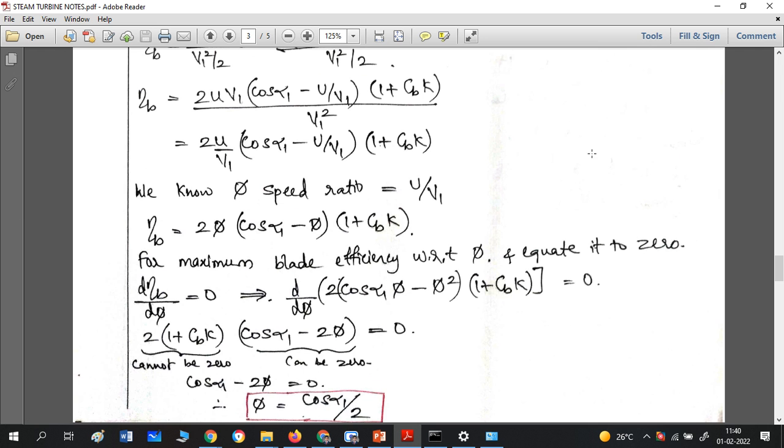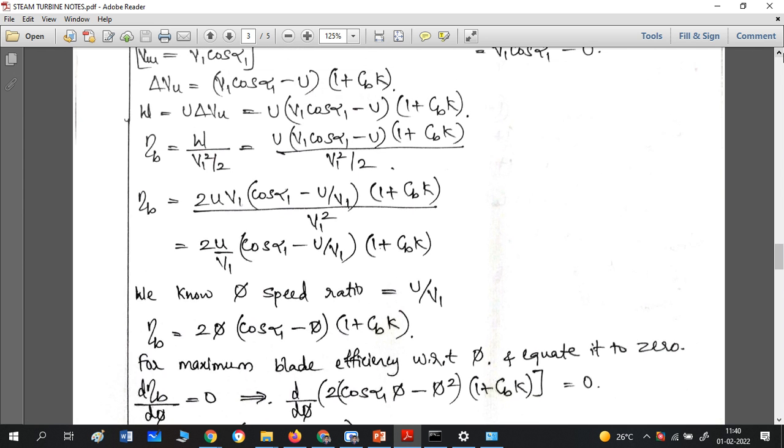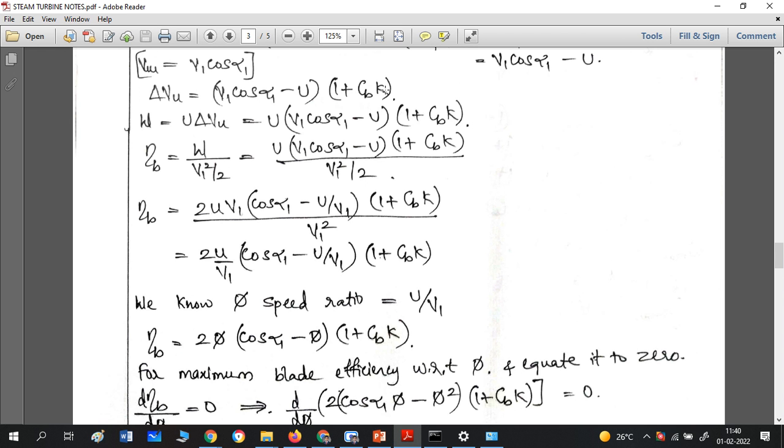In delta VU, I am writing everything in terms of constants with respect to VR2, VR1, cos beta 1, cos beta 2, V1, alpha 1, and U. All together, we are going to combine now.